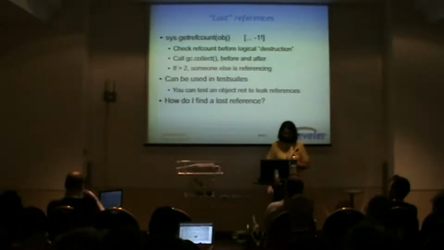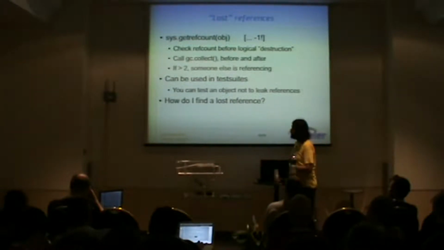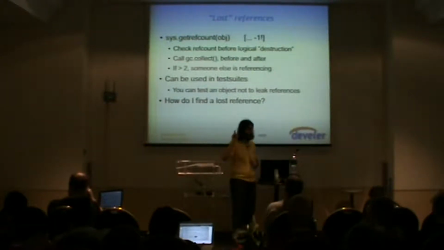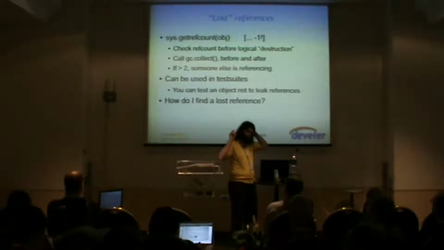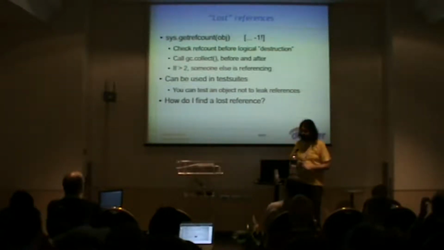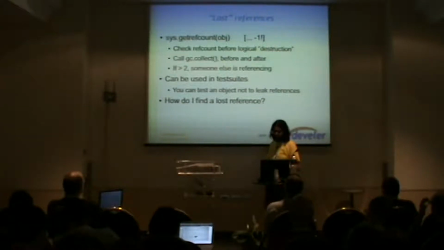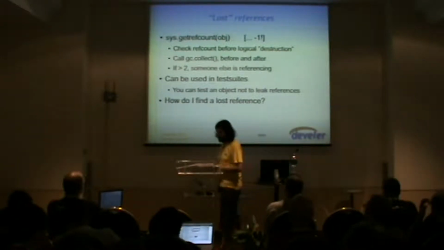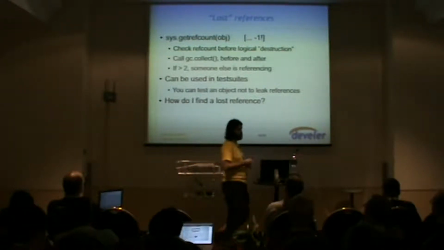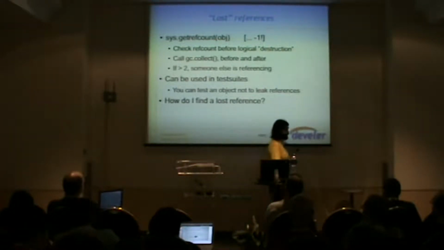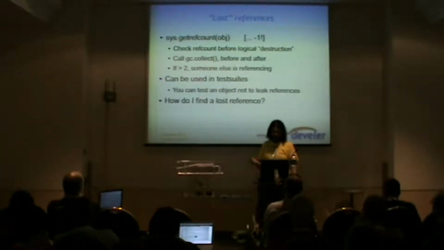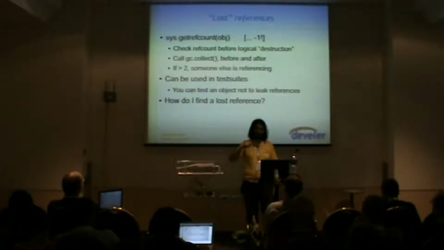So another way to explicitly check for references is this function, which is in the sys module. It's called getrefcount. getrefcount basically gives you the number of references to an object. So if I say getrefcount of a, it will tell me how many references there are to that object.